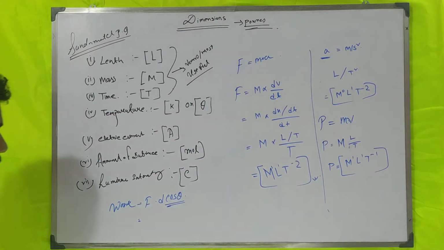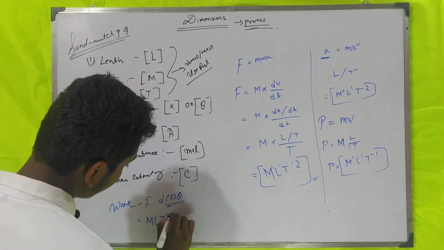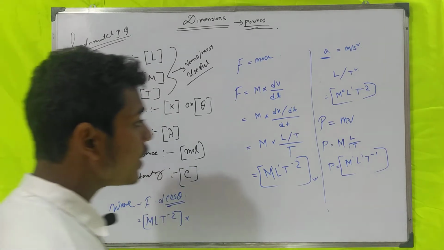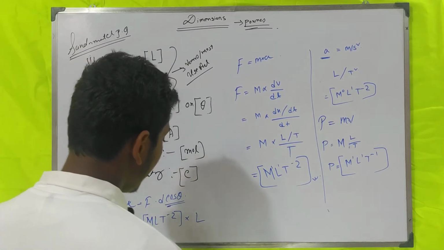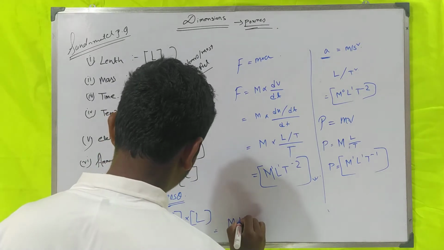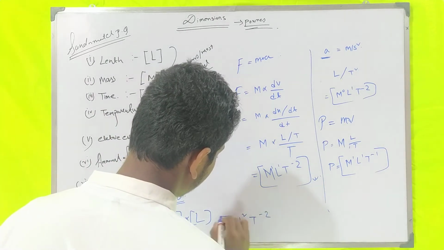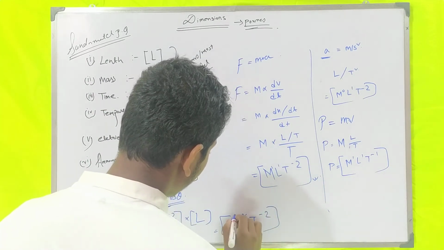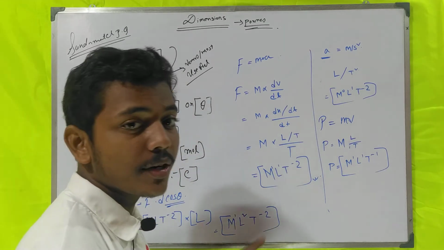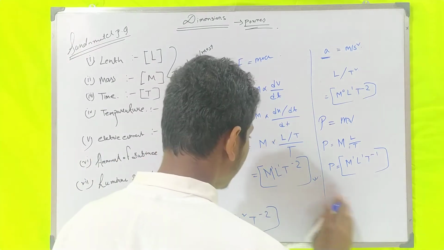So the dimension of force, M L T^-2, into the displacement, which we can find as L. So we can write M L into L into T^-2. So the dimensions are M^1 L^2 T^-2. That is the work.